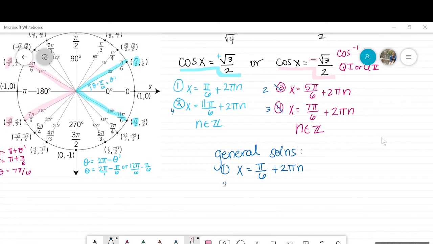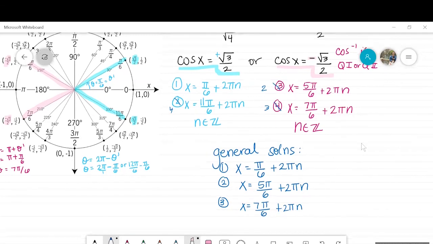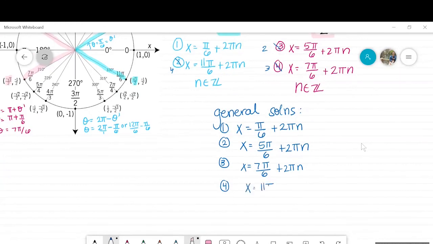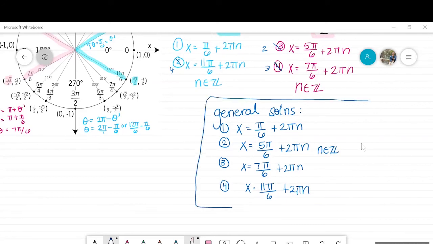It's not mandatory, but it's helpful for organizing. 5 pi over 6 plus 2 pi n, 7 pi over 6 plus 2 pi n, and 11 pi over 6 plus 2 pi n, noting again, n is an integer. And these are all our answers in this case.